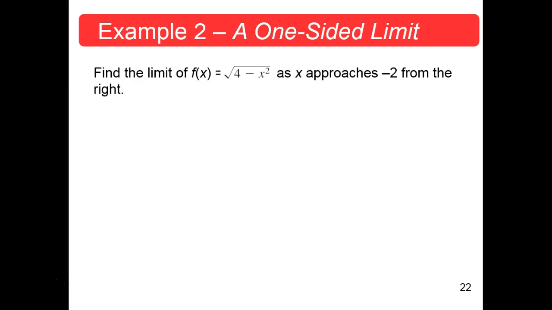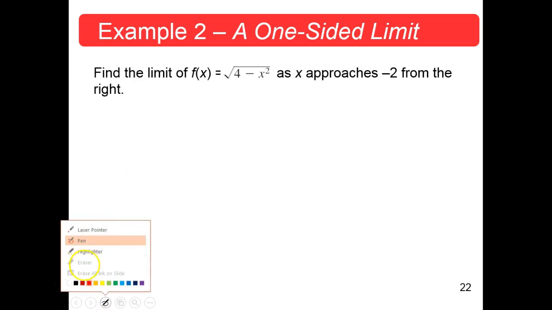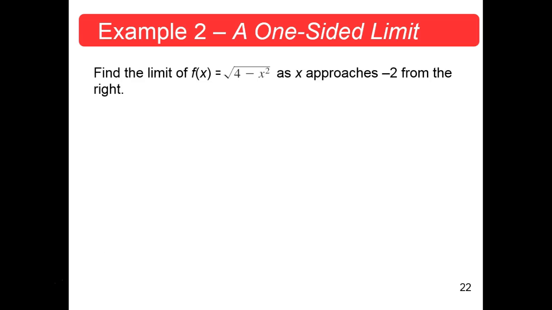Okay, so here's example 2, middle of page 76. Find the limit of f of x, with f of x equal to the square root of 4 minus x squared, as x approaches negative 2 from the right. Okay? Let's write it down first. Hopefully you will recognize how it looks and whether it looks right or not.